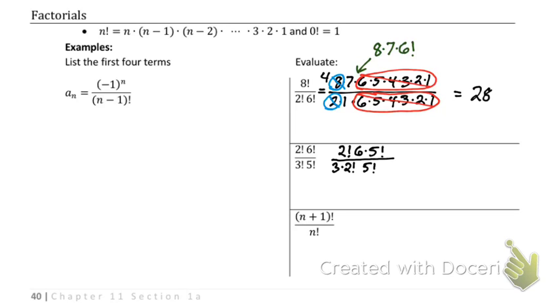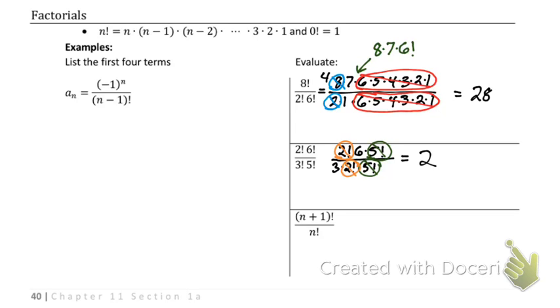By stopping at the top at what matches on the bottom makes it really easy to cancel stuff out without having to write everything out. Now we can look at that 5 factorial and say, well, that cancels out with this 5 factorial. This 2 factorial cancels out with this 2 factorial. Then all I'm left with is 6 divided by 3, which equals 2.